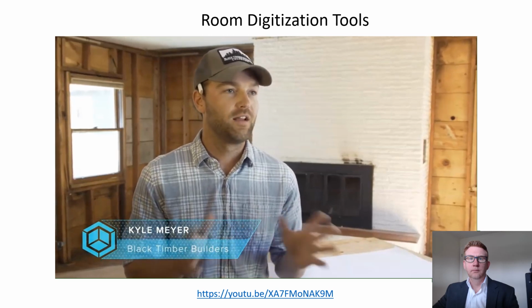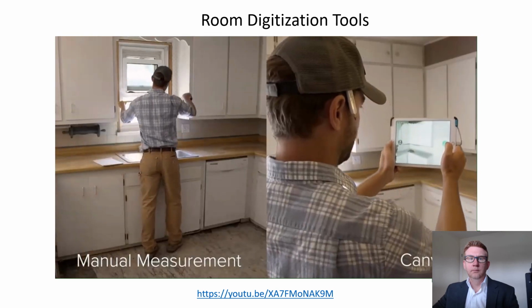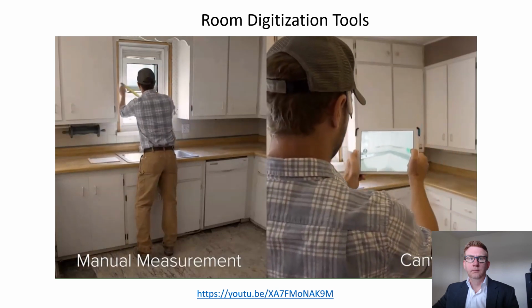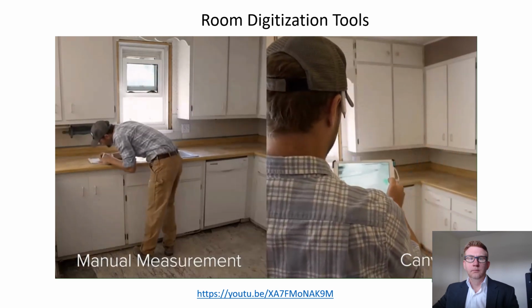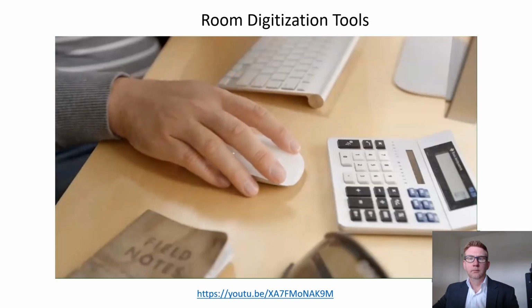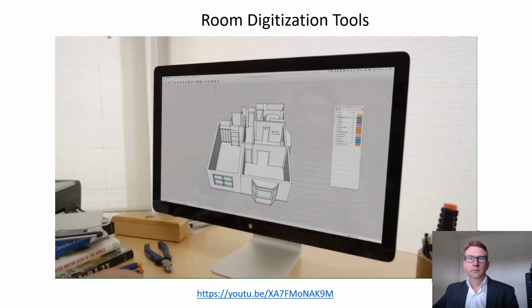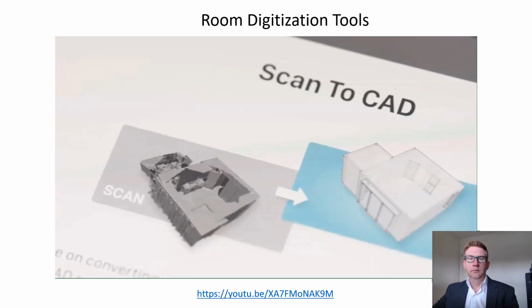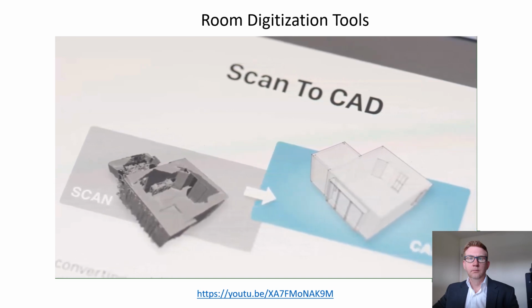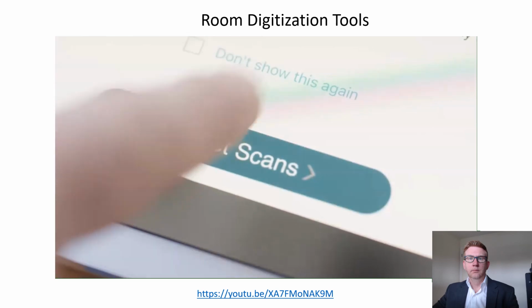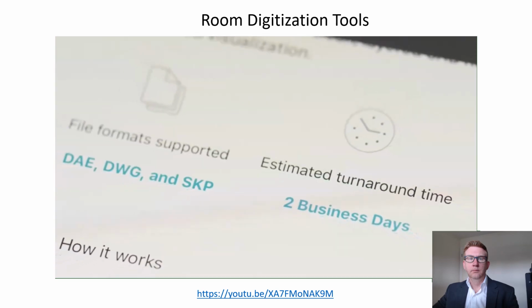The great thing about Canvas for us is that we can take any of our employees, send them out to a site, have them capture the whole thing, and we have all the information we need without error. A raw 3D model is powerful, but if you want to make changes using professional tools, you'll need a simplified, editable CAD file. That's why we built a new, first-of-its-kind service right into Canvas. We call it Scan to CAD, and it converts your raw 3D model into CAD within 48 hours.